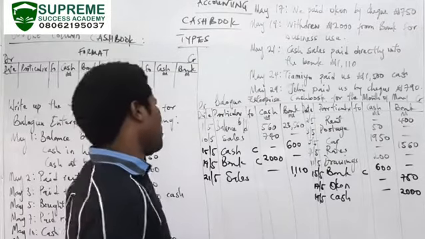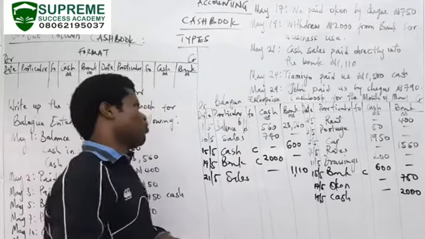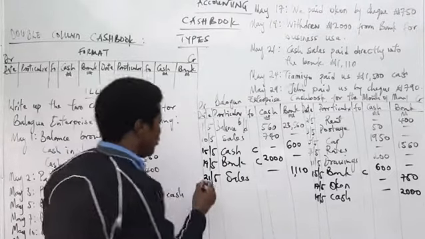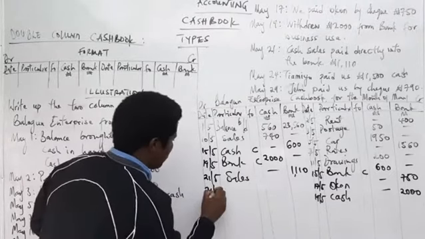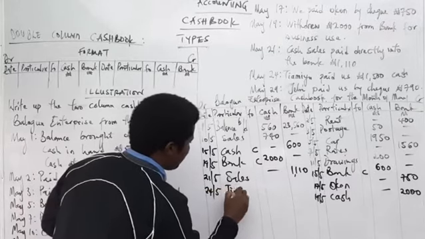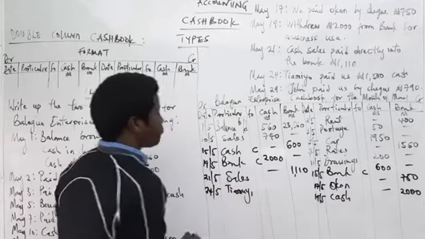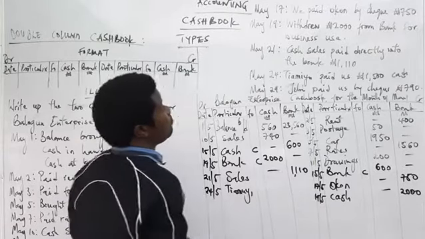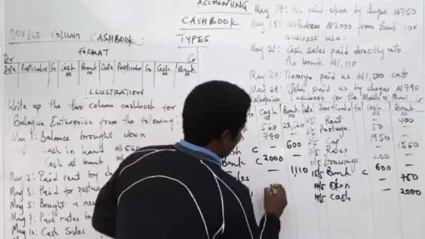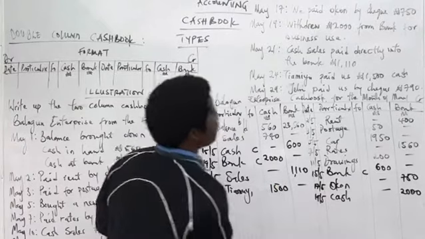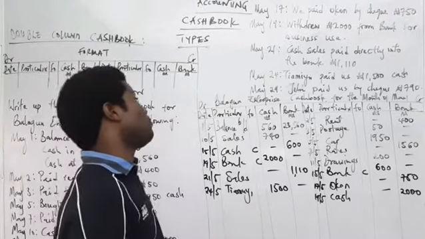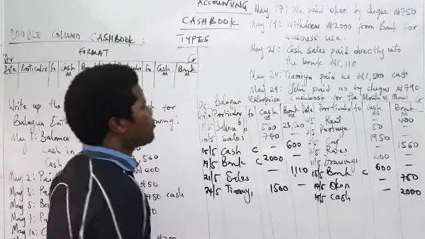On the 24th of May, Tiamiyu also paid us 1,500 naira cash. Tiamiyu is our debtor. On May 29th, the last transaction for this month, John also paid us by cheque.